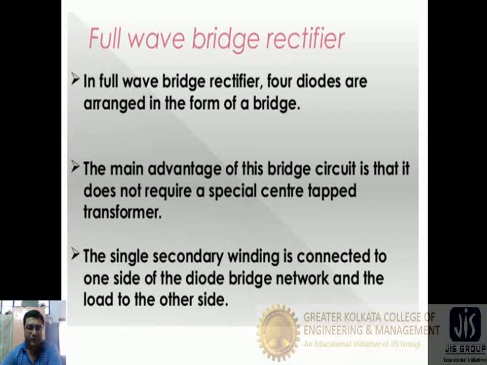The main advantage of this bridge circuit is that it does not require a special center tap transformer. The single secondary winding is connected to one side of the diode bridge network and the load to the other side.